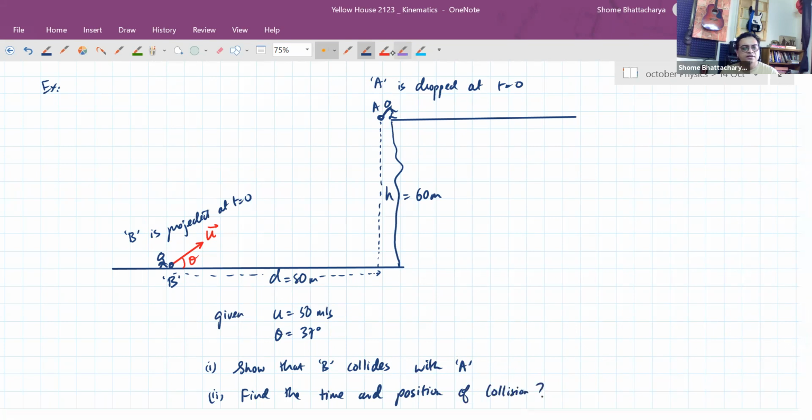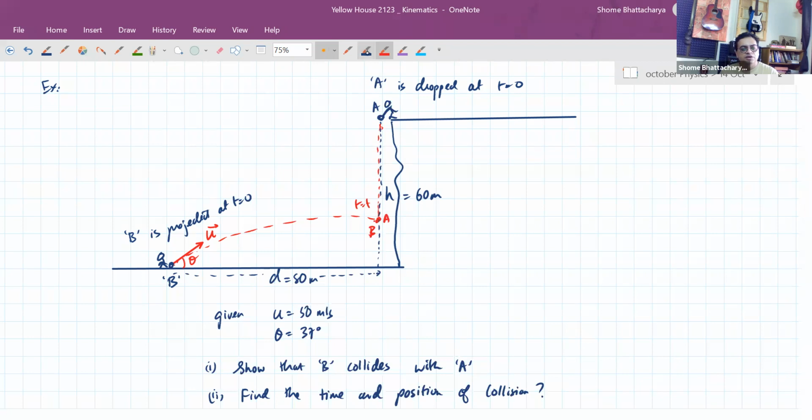So once again, you can solve both of these in the ground frame. Basically, what should happen is that at some time t, A should have dropped here and B should have reached here simultaneously.